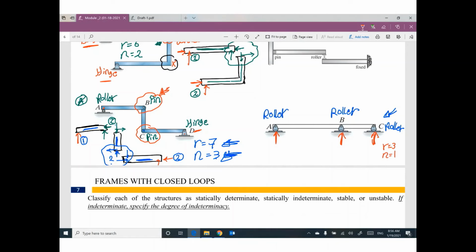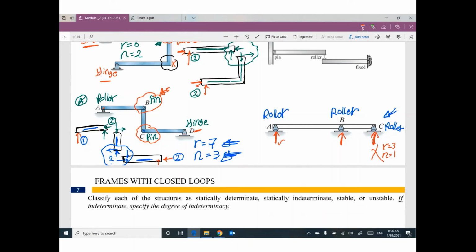We don't have separation. So number of unknowns equals 3. Number of equations will be 3, N will be 1. So number of equations equals number of unknowns. This structure is stable and determined? That's wrong. This structure is a special case. How many reactions do you have? 3.